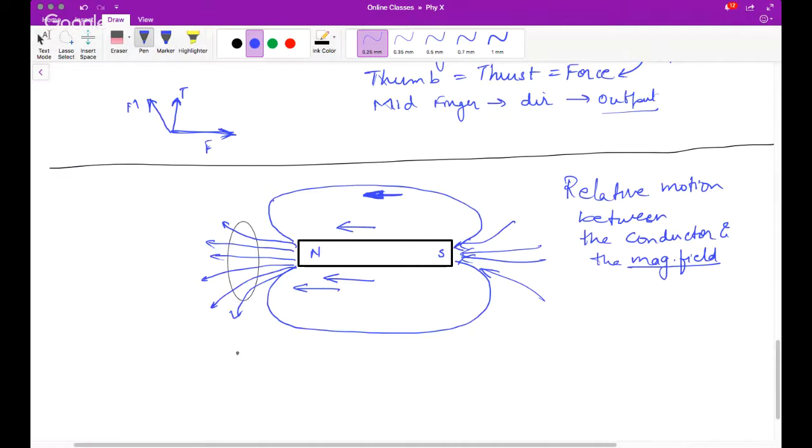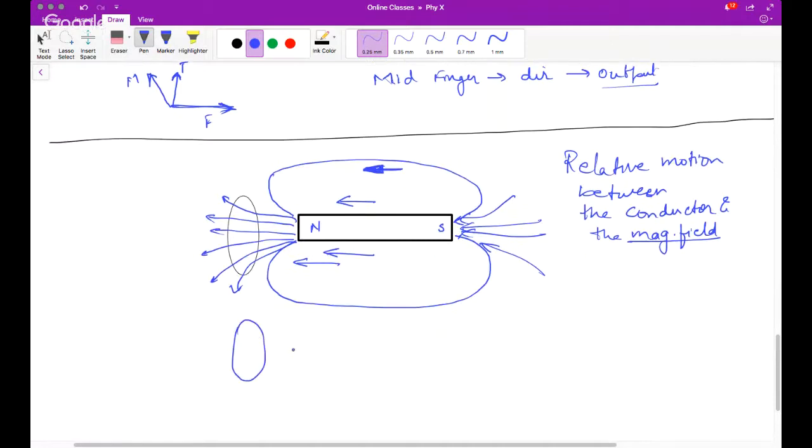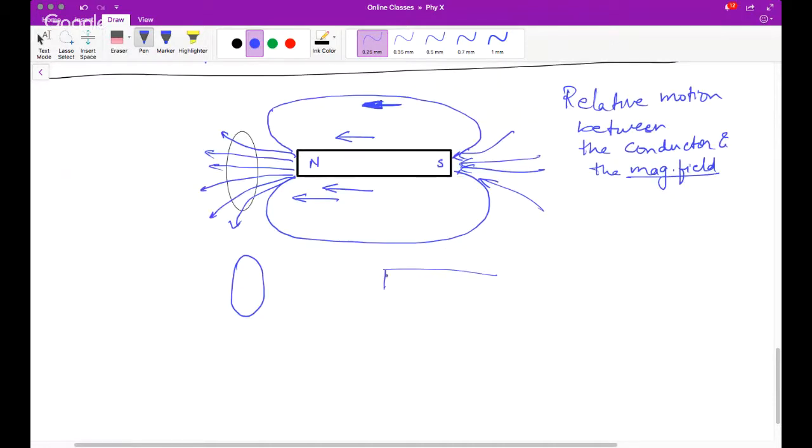Now, if you see the ring, initially the magnet would have been at a distance. So hence, the number of field lines crossing this will be lesser, isn't it? The number of field lines which are crossing. Let me draw a diagram. Let me just reproduce this diagram.